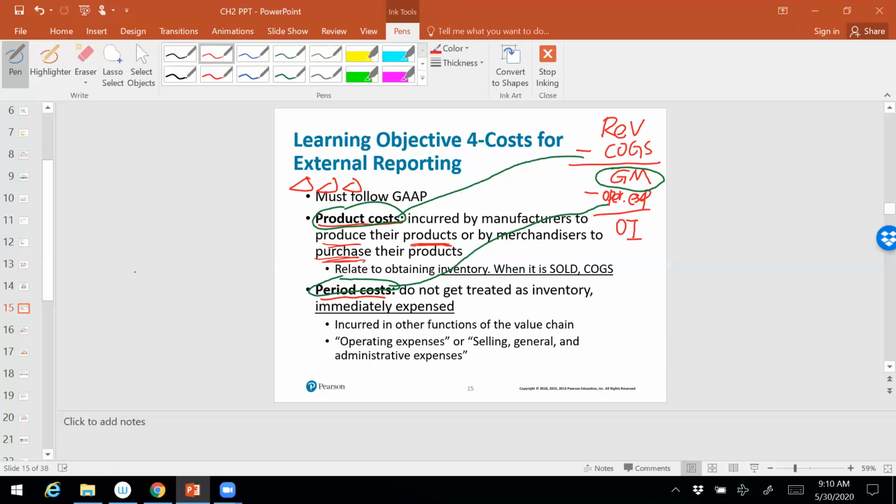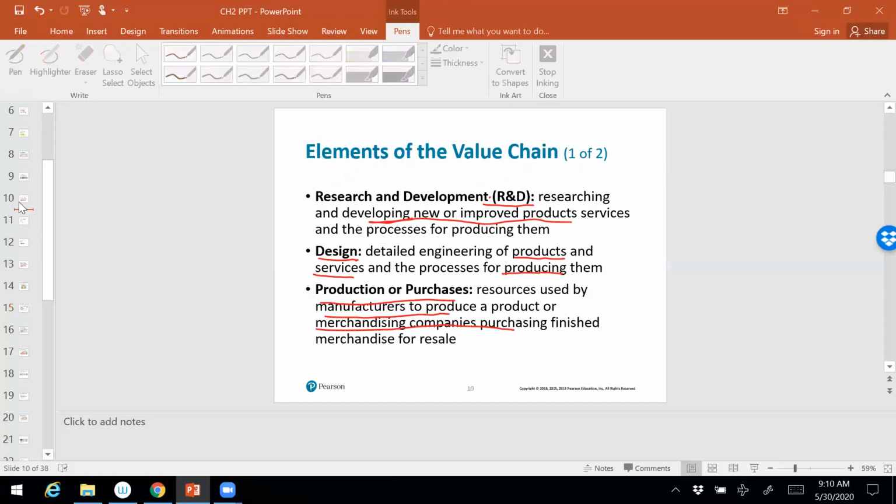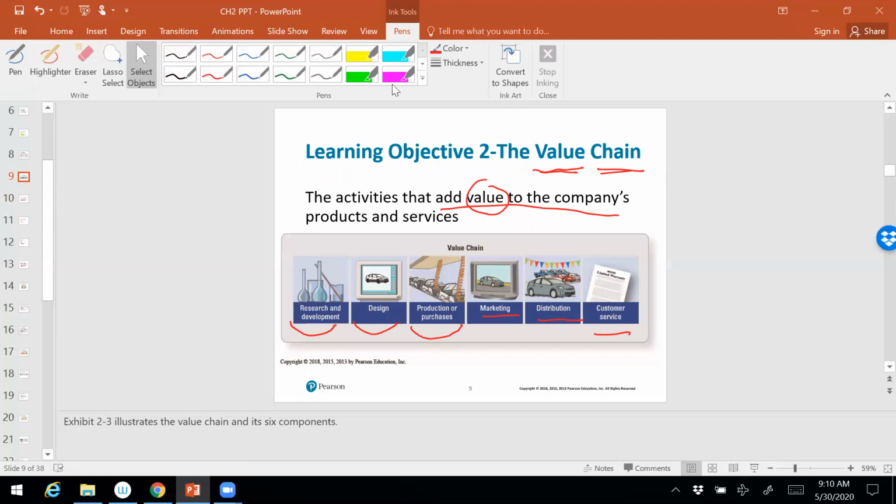You say, oh, those things sound familiar. Yeah, go back to your value chain. Everything that happens in this production or purchase part will be our product cost.